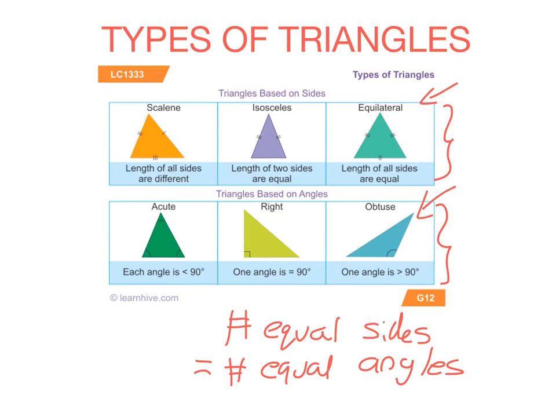Now, we call the triangle acute if all its angles are acute. Now, remember that a triangle can have three acute angles. It can only have one right angle at most, or it can have at most one obtuse angle. So if it does have that one right angle, then we call it right-angled triangle.